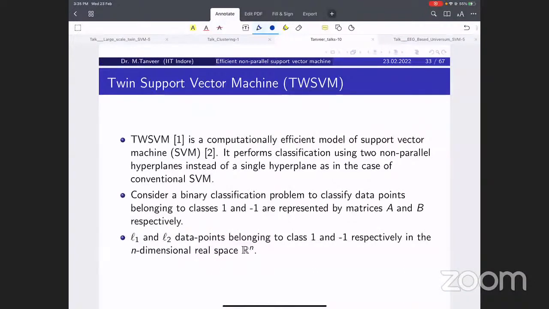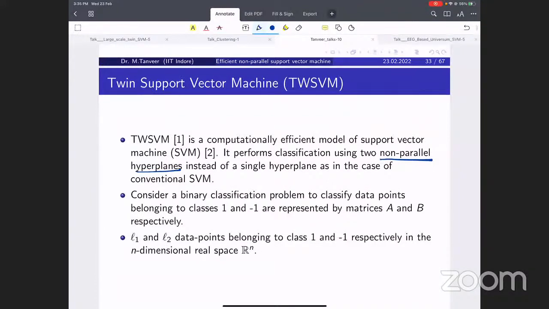Twin SVM is a computationally efficient model for classification problems. It performs classification using two non-parallel hyperplanes instead of a single hyperplane as we see in the original SVM problem.